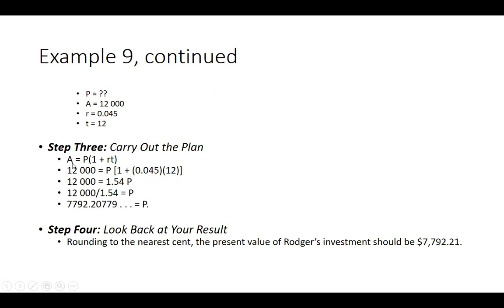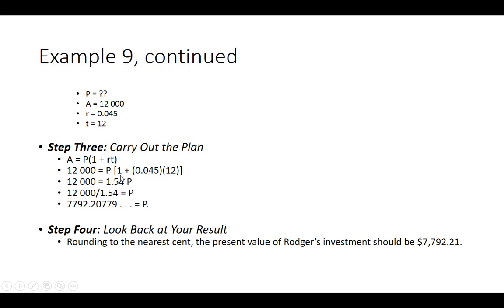So plugging in what we know into A equals P times 1 plus RT. A is 12,000. R is 0.045. T is 12. In our calculator, we multiply 0.045 times 12, get our result, add 1 to that, and we get 1.54.